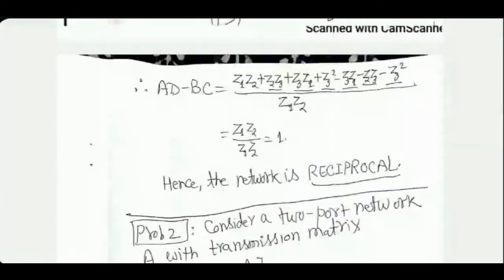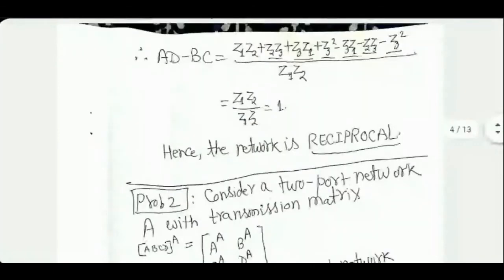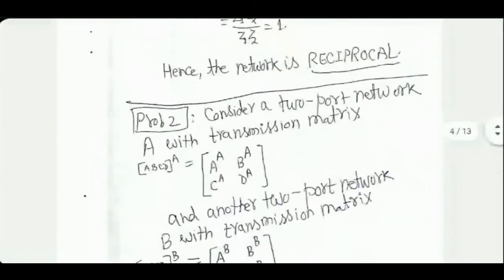Now, the importance of these parameters. We saw that for series connection of two networks, Z parameters are the best because you can simply add them up. For parallel connection, Y parameters are really good because you can add them up to get the overall Y parameters.